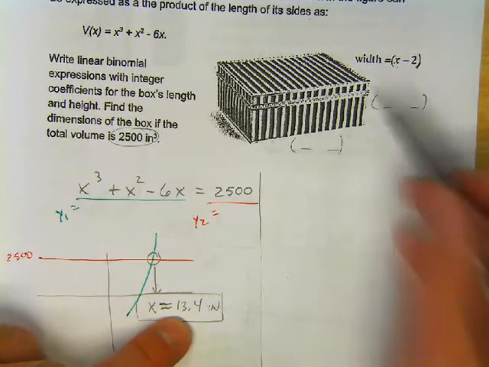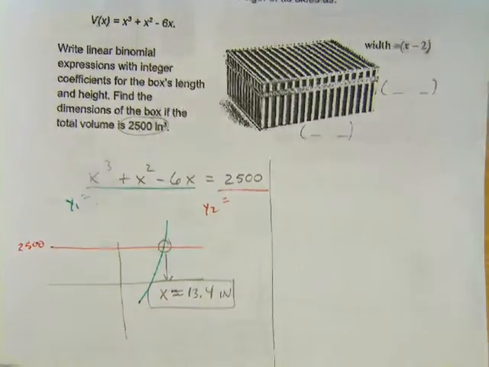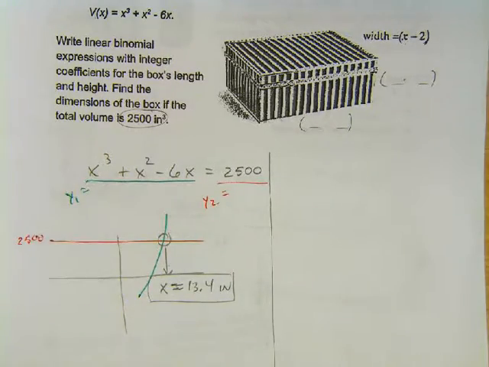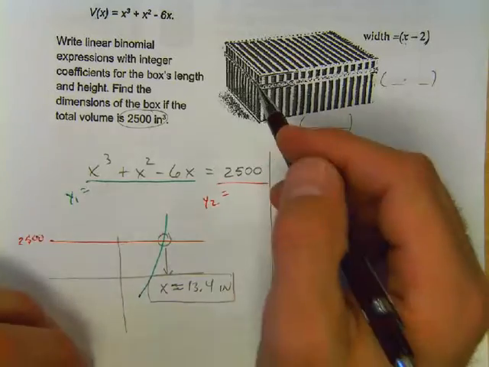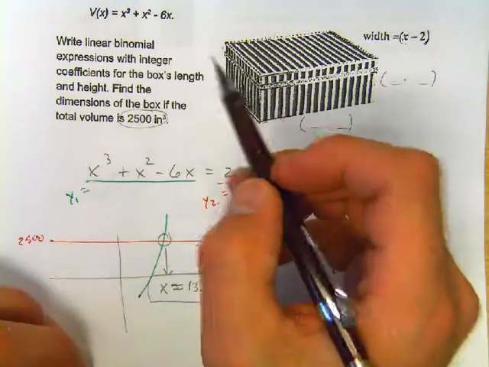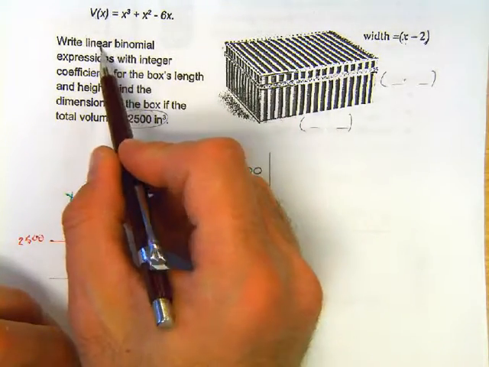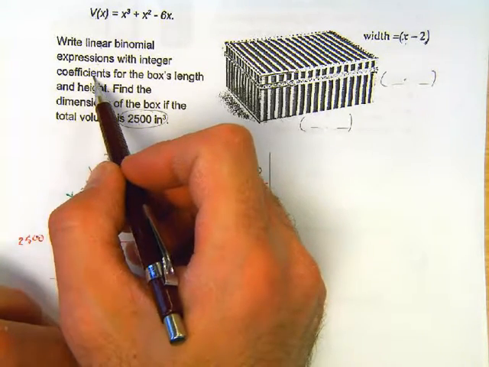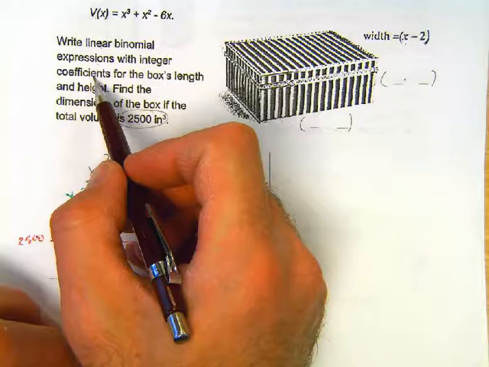But we have to figure out how to get these other units. And so what I would propose is, because we want linear binomial expressions with integer coefficients, I think we should do synthetic division. Or we should factor this thing.